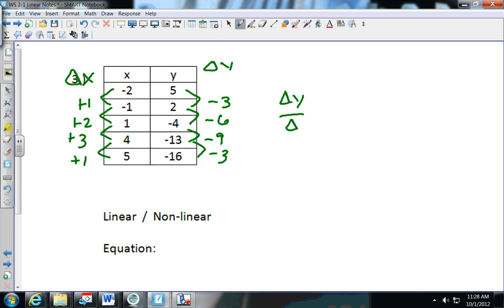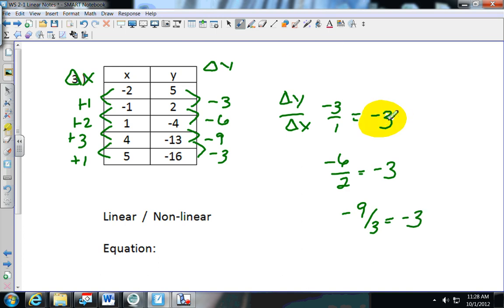Delta y over delta x: negative 3 over 1 is negative 3. Negative 6 divided by 2 is negative 3. Negative 9 divided by 3 is negative 3. Right there, already I can see my rate of change. These numbers are all the same. So that means, yes, it is linear.